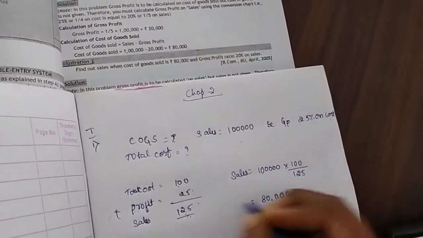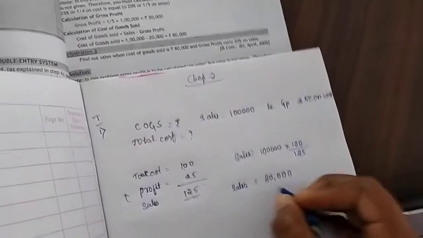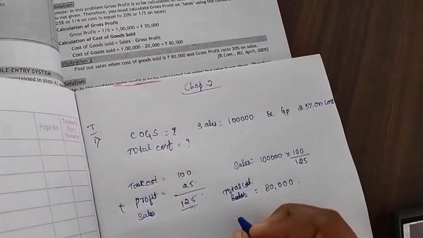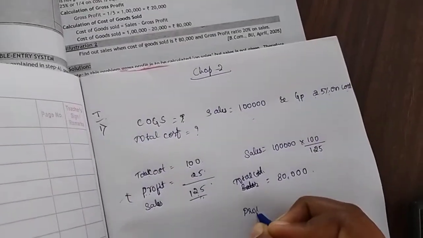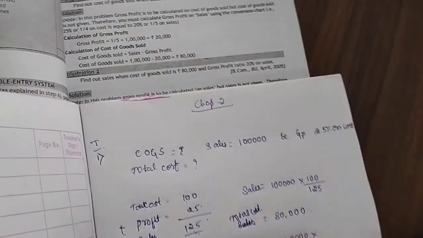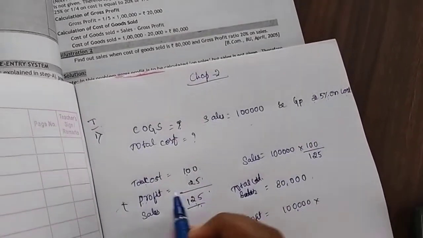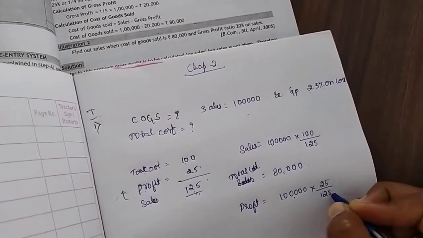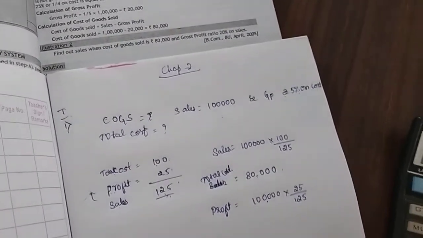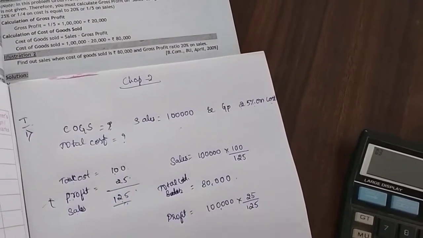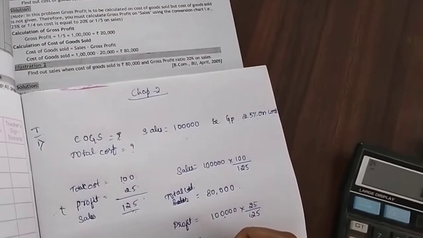So total cost is 80,000. If you want to calculate the profit, profit is 1 lakh, the sales value, into 25 divided by 125, since sales is 125. That is 20,000.